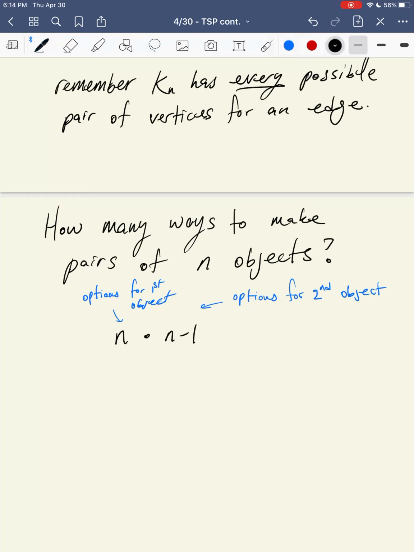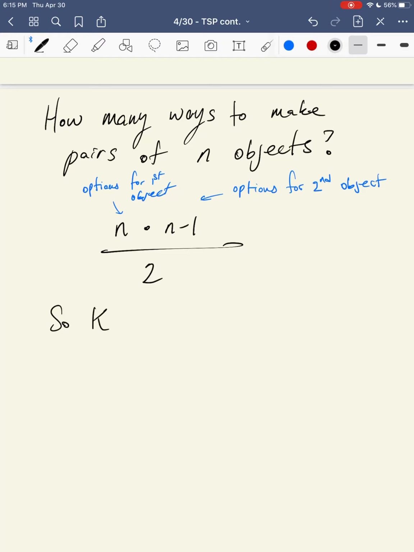But if we don't care about the order, if having Jill and Brian together is the same thing as having Brian and Jill together, we divide by 2, because we will have counted every pair exactly twice. So Kn has n times n minus 1 divided by 2 edges. We're going to use this when we count Hamilton paths and circuits.